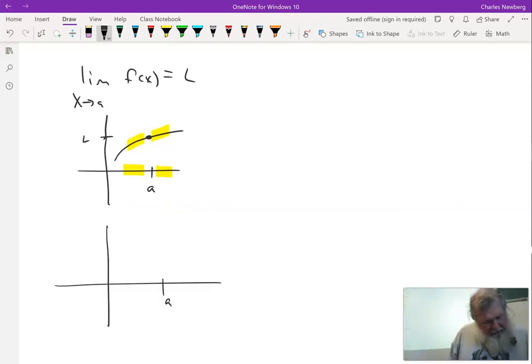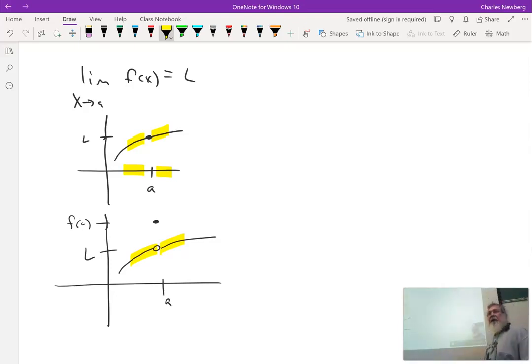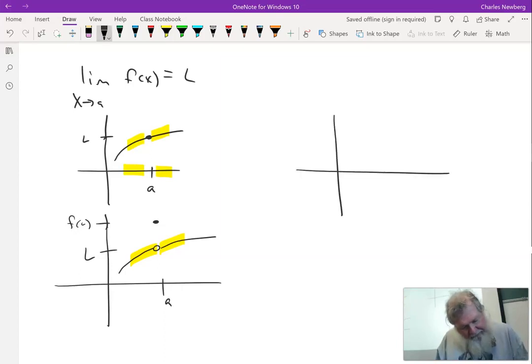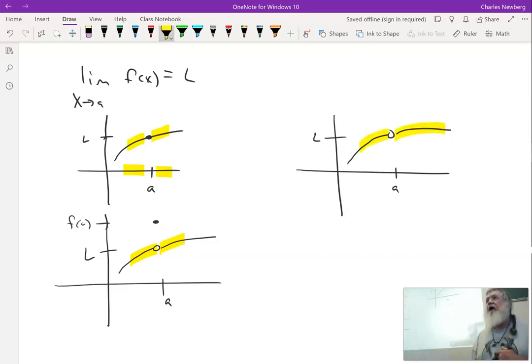Our second picture. We could have this here. We could have our graph of f of x. We could actually have a hole at it. Here's L, and our f of a could be what? Some different thing. Would we say that limit is still L? We would, right? We don't care what happens right at the point, only what happens as we're what? Going into that point. And then what's our third possibility? We have a hole at a, but we'd still say what? The limit equals what? A, or L, excuse me.